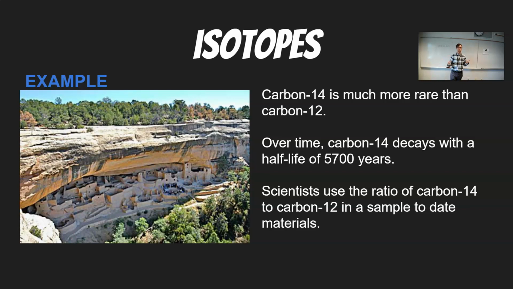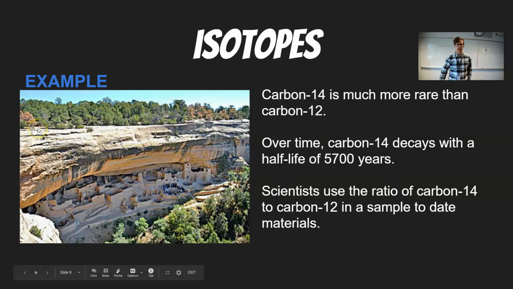So if you have something that had a lot of carbon in it, like a piece of wood, you can look at the ratio, how much carbon-14 there is to carbon-12, because carbon-14 decays. It has a half-life of 5,700 years, which means after 5,700 years, half of the original carbon-14 would be gone. The carbon-12 does not decay, so you can compare the ratios and calculate fairly accurately how old something is, and that's super useful for, say, archaeologists.